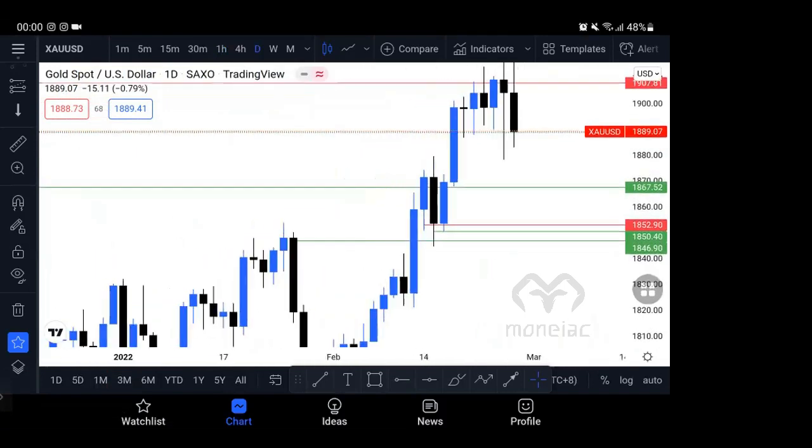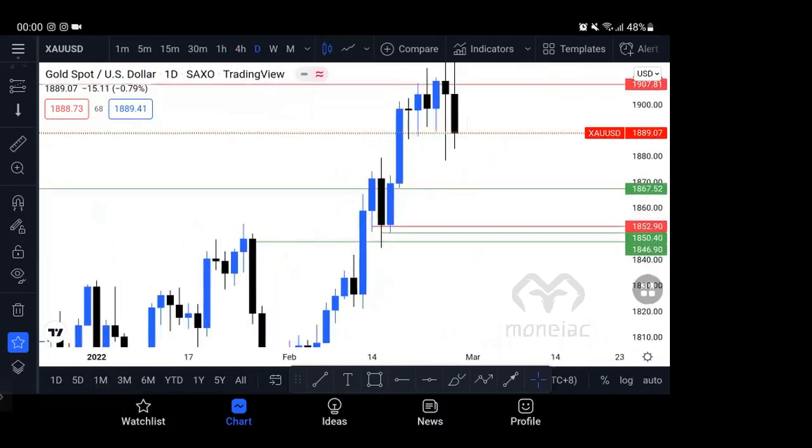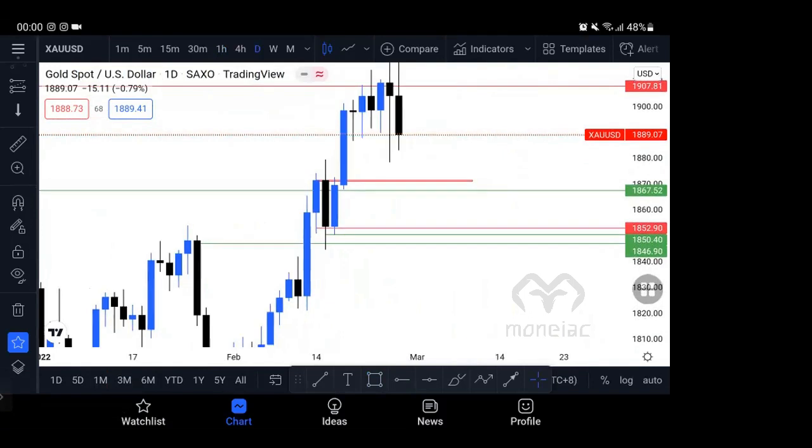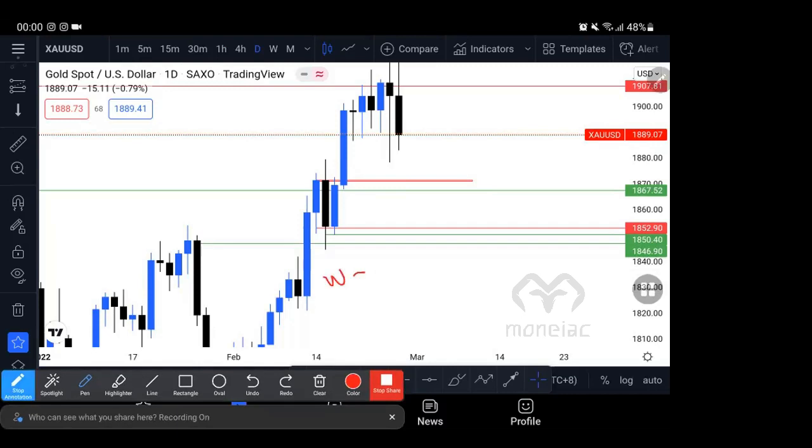So the daily only breaks after this area. So when there is a daily breakout, then I know which one of the time frames is taking.